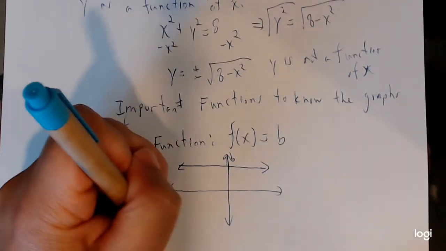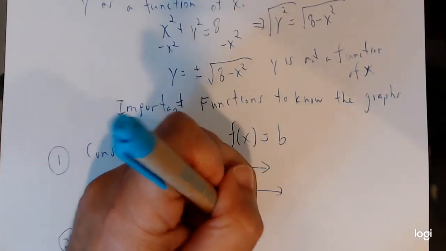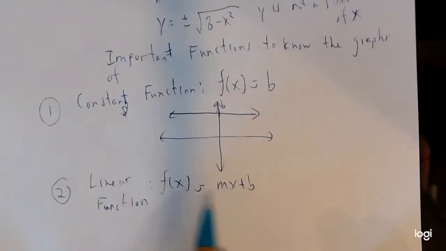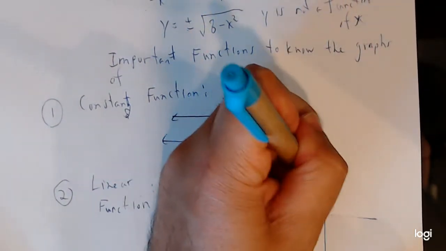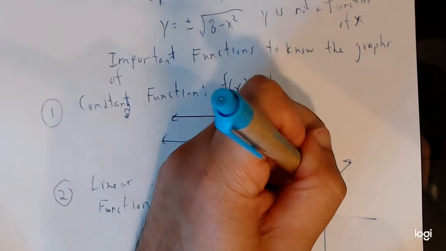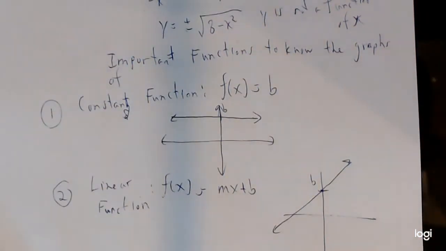Which is f of x equals mx plus b. So we know that this is in slope-intercept form, and my y-intercept is b, and whatever the slope is, it'll tell me how steep it is. Okay, so let me get a new sheet of paper.